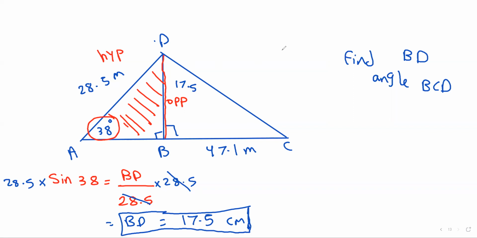I want to get angle BCD, this angle here. So in this case, we will click shift. Look at this triangle, which is colored in yellow. We have the opposite side, it's 17.5, that's opposite to this angle, and we have the adjacent.